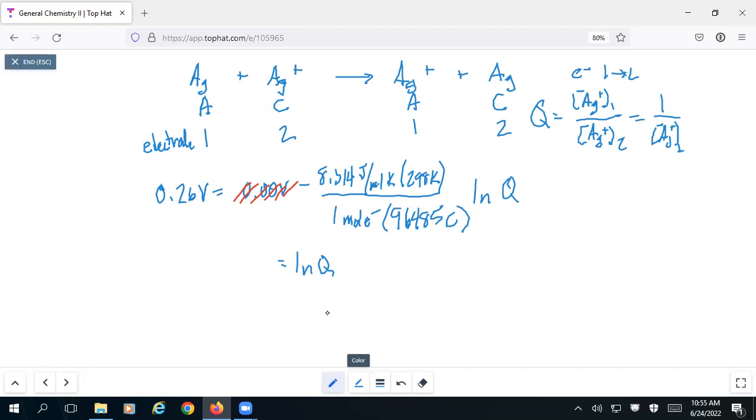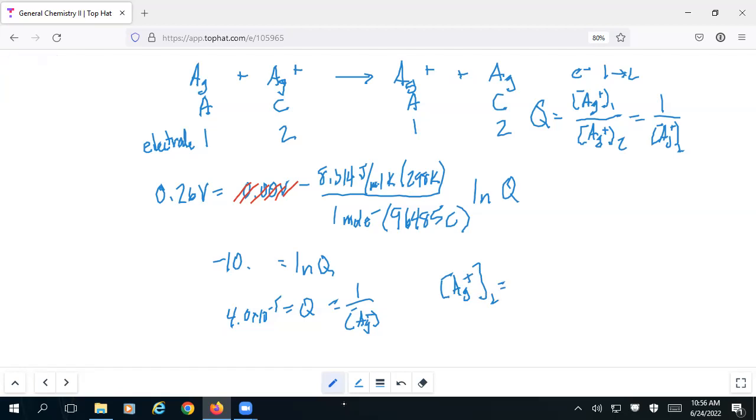We get that the natural log of Q is equal to negative 10, which gives us a value of Q at 4.0 times 10 to the negative 5th as the reciprocal of the concentration of the silver. So I need to take the reciprocal of that to find the concentration of silver.